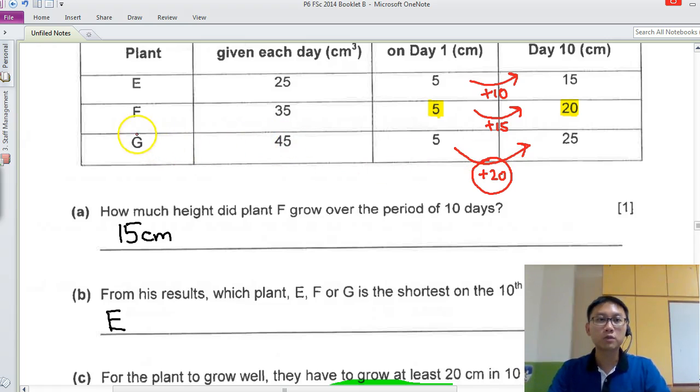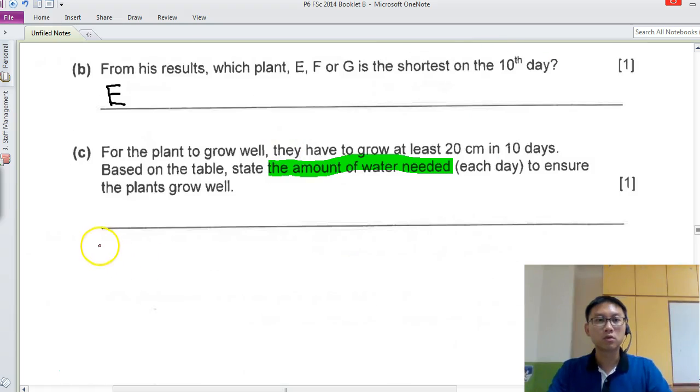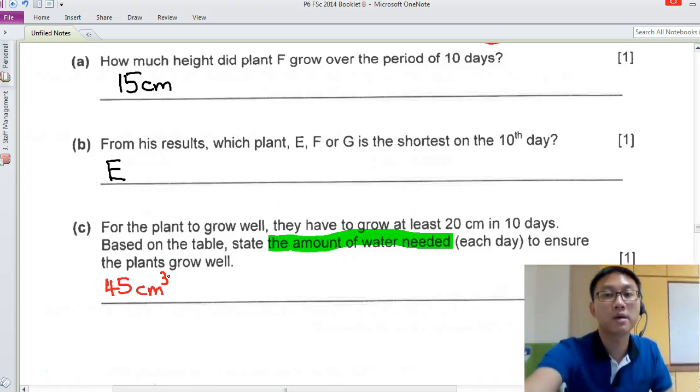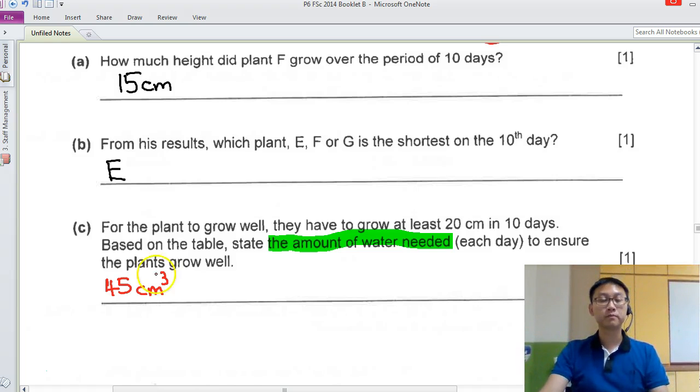Now I'm not asking for which plant, I'm asking for the amount of water. So your answer is 45. Please always remember to have your units cm cube. Because if not, what does 45 mean? It could mean 45 donkeys, 45 monkeys. No, it's 45 cm cube. That's the unit to measure volume of water. Okay?